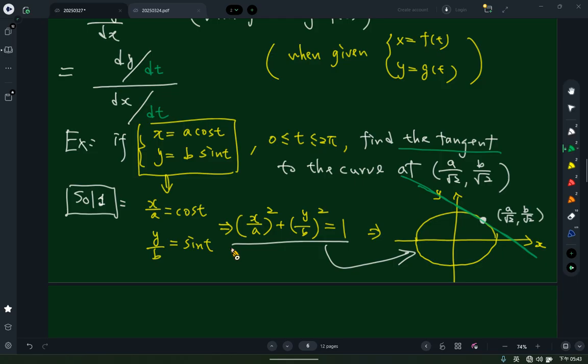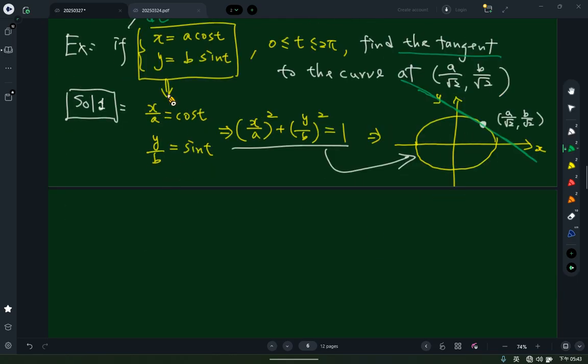So this is what we learned last semester. But this semester, we should regard it as a parametric function, parametric curve. So we will have solution two. We still need to focus on its slope m, right?